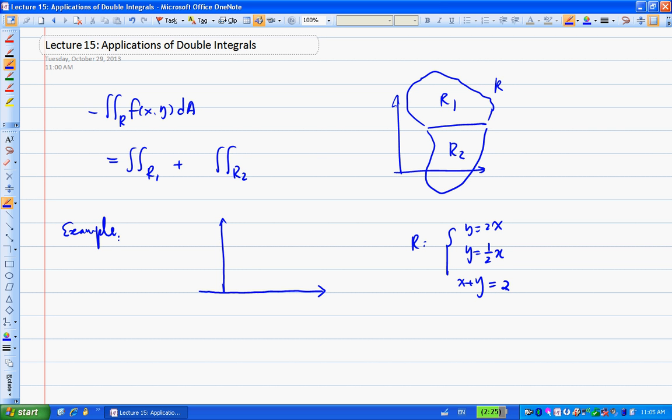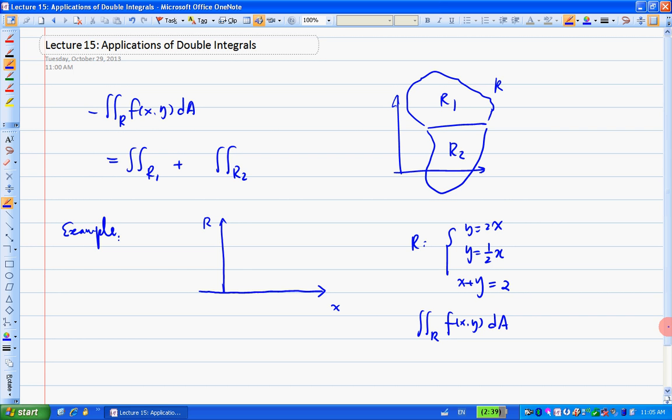So it's a region bounded by three lines. Now let's say we're integrating a certain function f, just in general, over this region R.